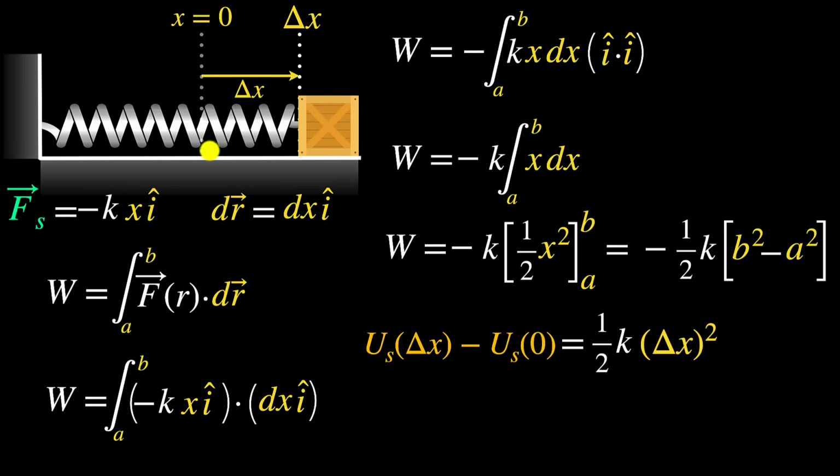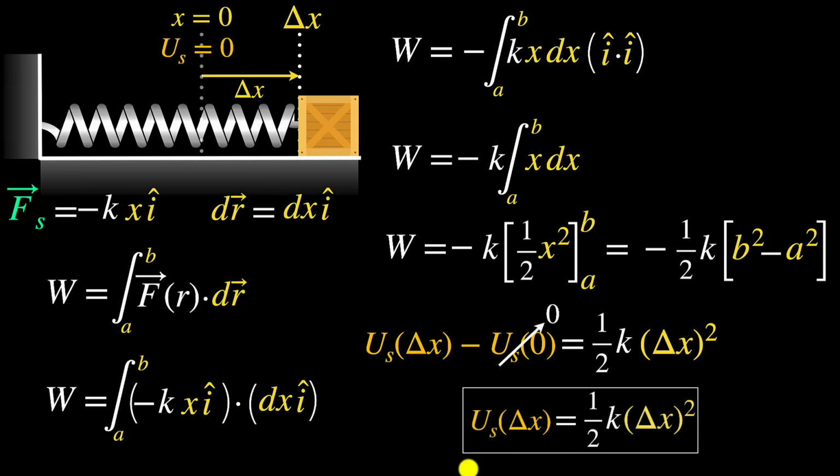So what we can now do is we can just assign this potential energy some value. The most convenient choice is to call it 0. That is our choice. You could have called this potential energy to be any other value you want, but the most convenient choice is to call this 0. Now, if this goes to 0, then look, our expression simplifies to give us just half k delta x squared.